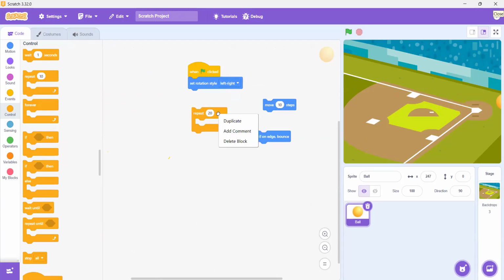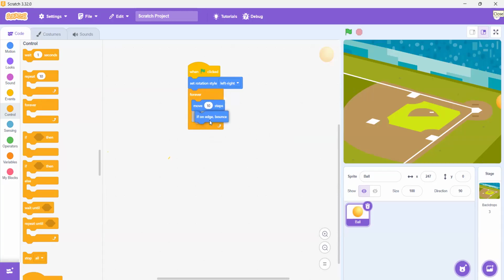Okay, I'll delete this block. I want forever. Forever means continuous. Go, let it continue. Okay. 0, 0. Always remember, take the starting point again. Check.